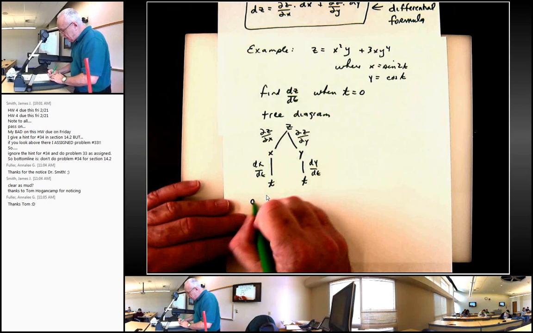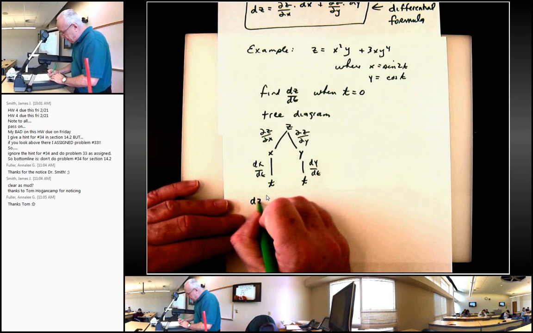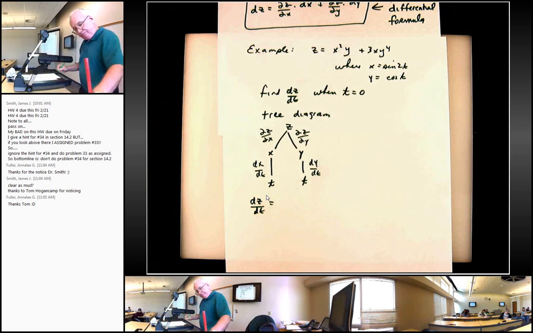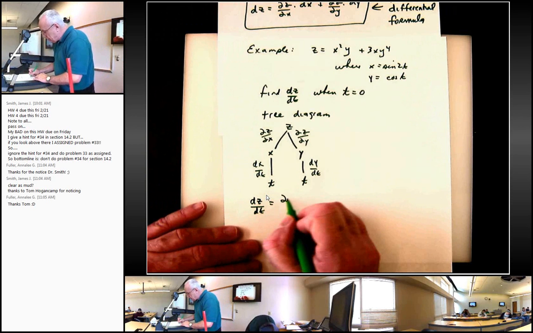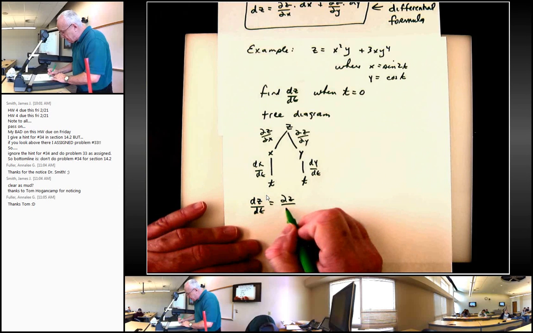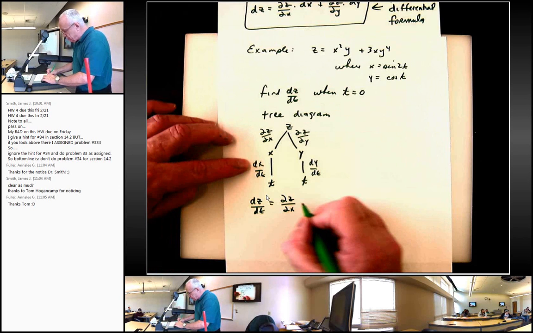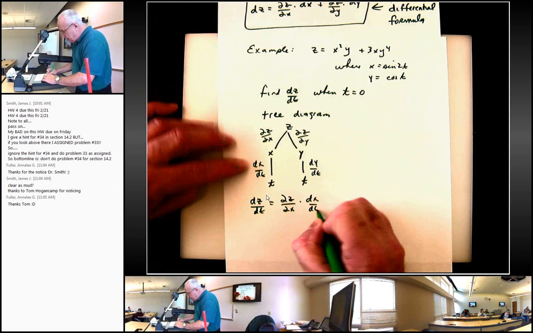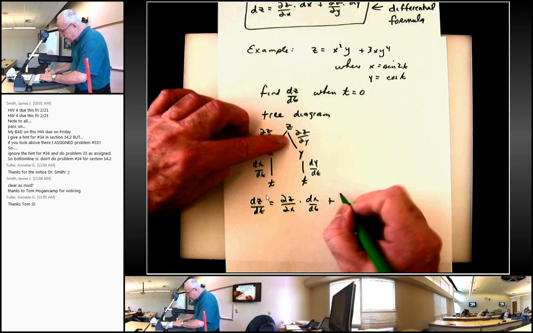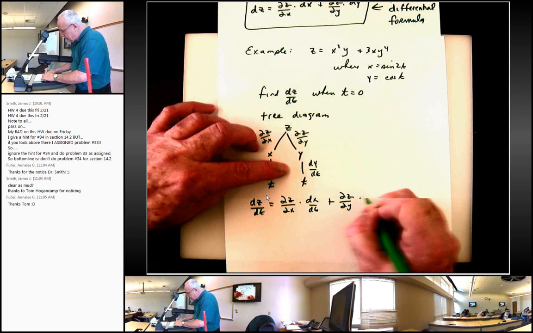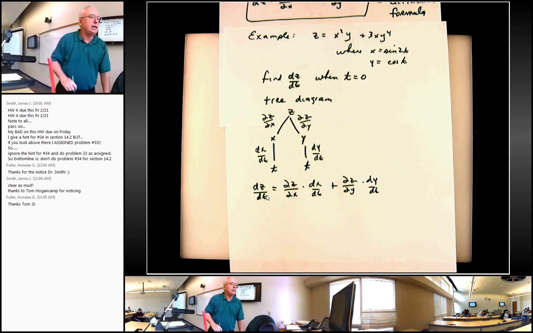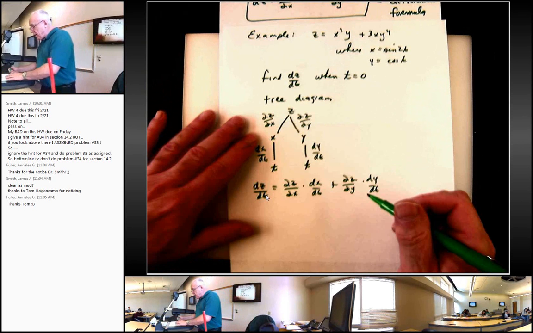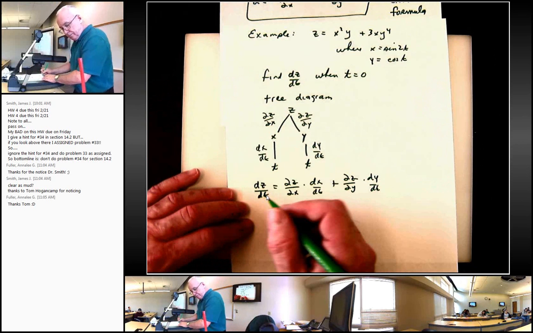So let's see. Therefore, dz/dt is going to be ∂z/∂x from the first branch times dx/dt plus ∂z/∂y times dy/dt, just reading down from our tree diagram. And let's figure out, of course, what these are here.